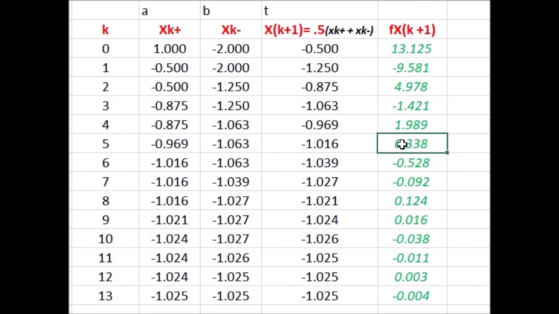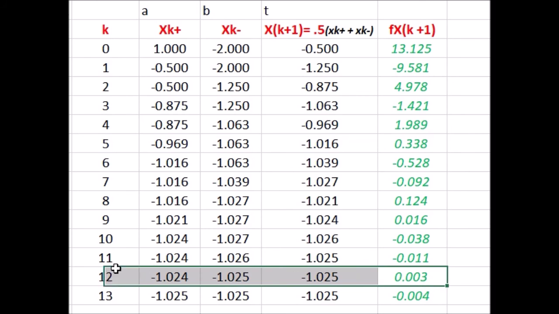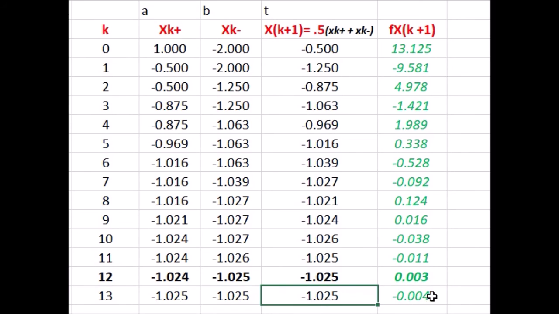Ang goal natin is up to 2 zeros. Okay? Yung magkaroon ka na ng 0.00, then we will call that our solution. Right? So, hanggang dito, this is not yet. Still, kulang pa. And until ma-reach natin to, then we can say, stop na tayo. Right? We can now stop.